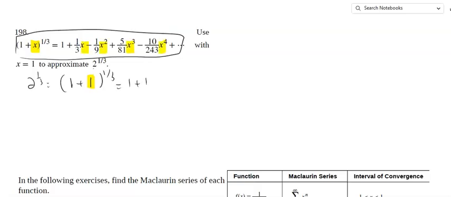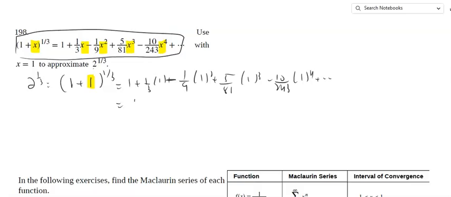That is 1 plus 1/3 times 1 minus 1/9 times 1 squared plus 5 over 81 times 1 cubed minus 10 over 243 times 1 to the 4th, and the list goes on. That turns out to be 1 plus 1/3 minus 1/9 plus 5 over 81 minus 10 over 243, right?